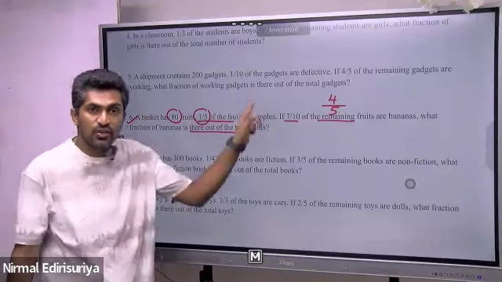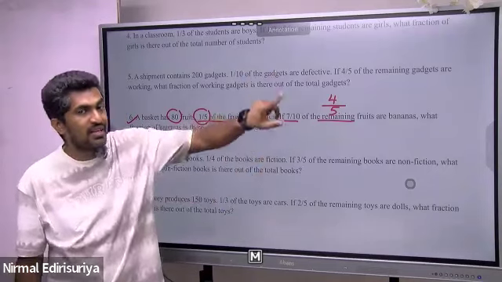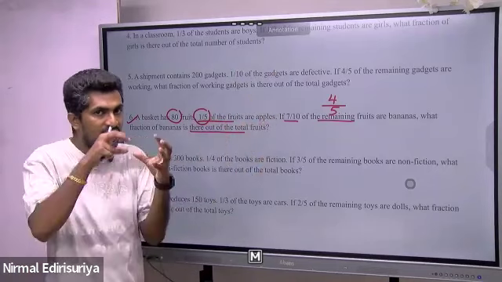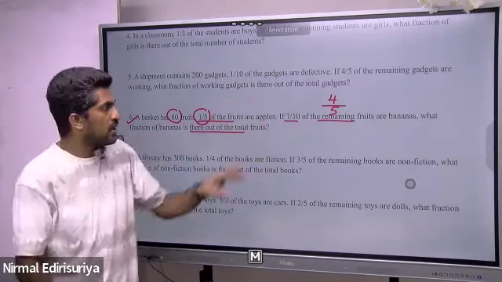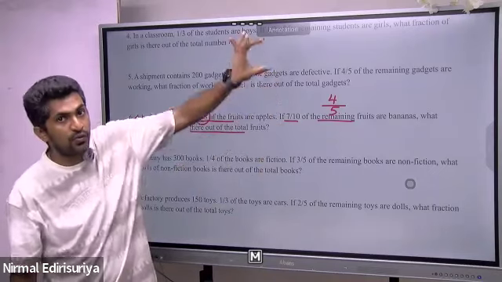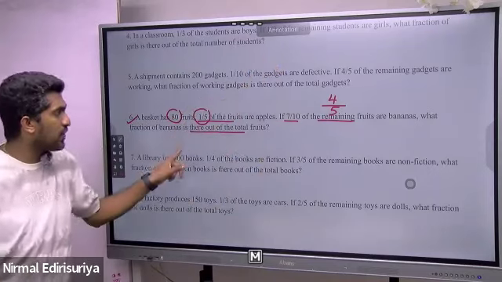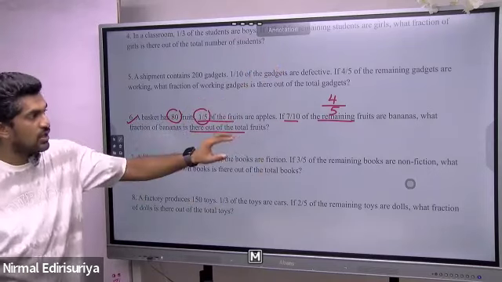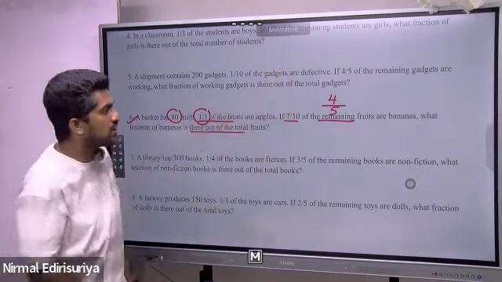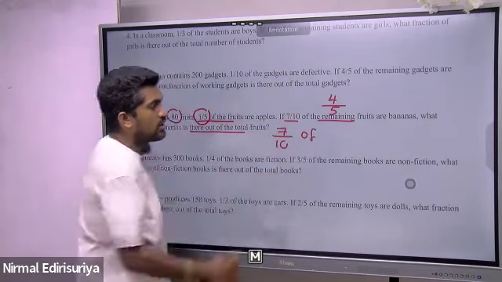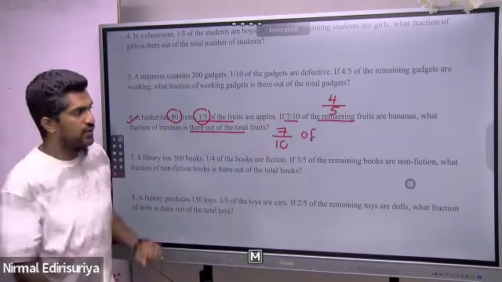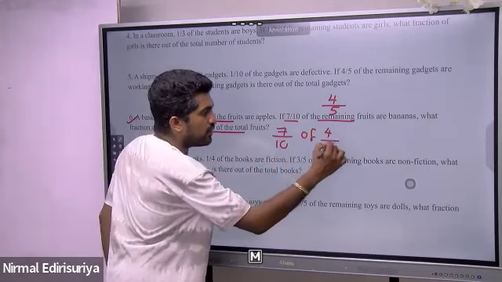But they gave 7 over 10 out of the remaining. Look at that term, of the remaining. They asked to find out of the total, so you have to do the conversion. 7 over 10 of the remaining after 1/5, that means 4/5.